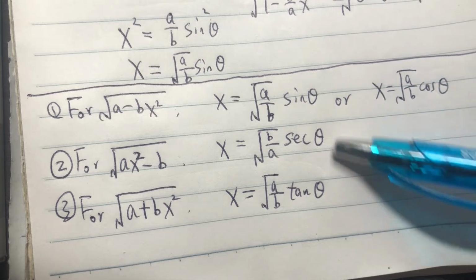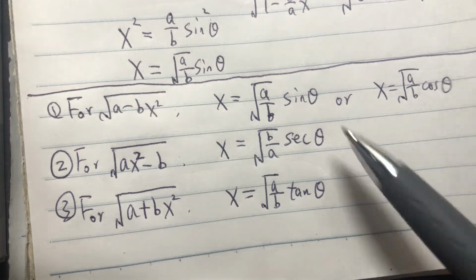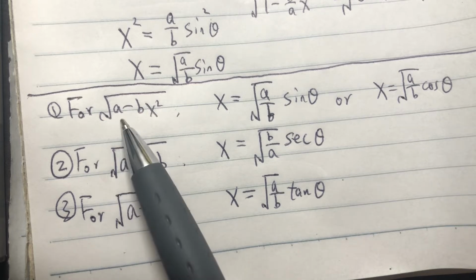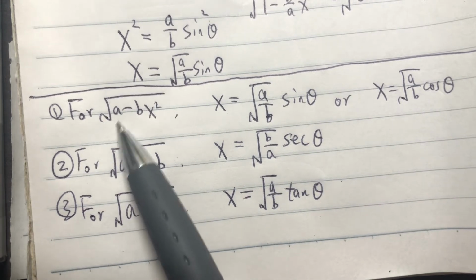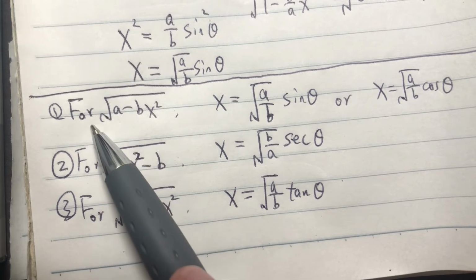Actually you don't have to remember these three, because I don't remember these three. You can easily derive these three by making the constant equal 1. For example, here you can make a equal 1 by taking a outside of the square root.